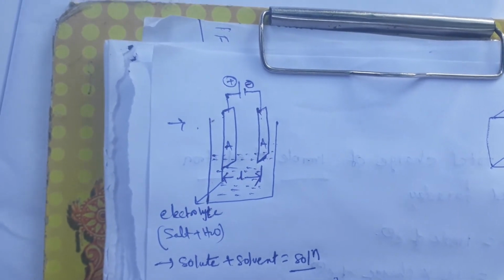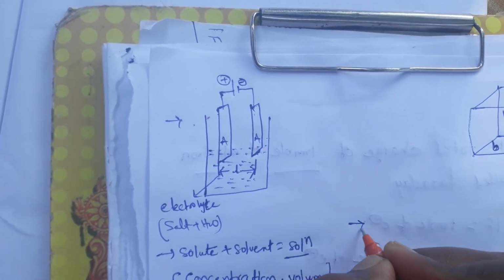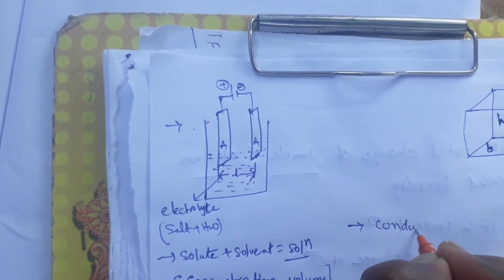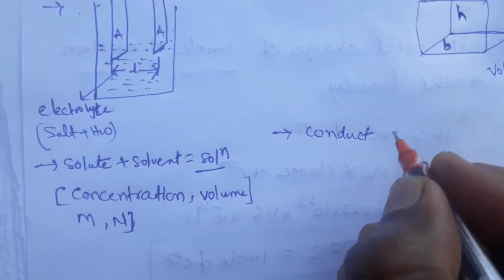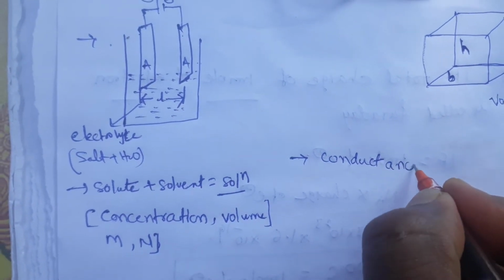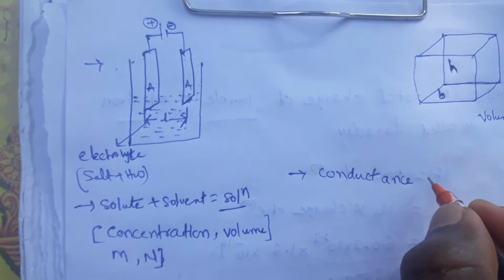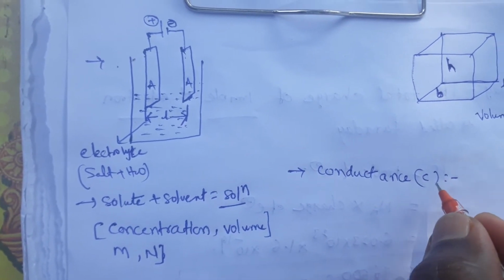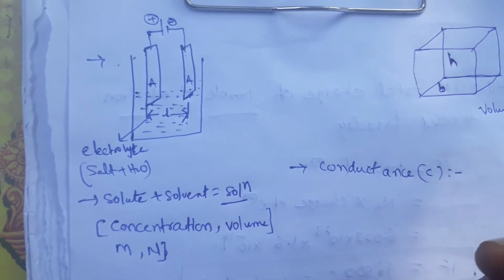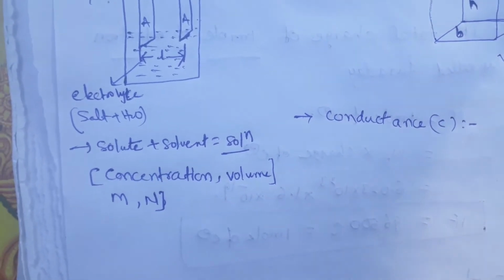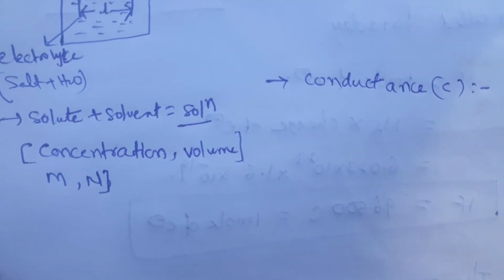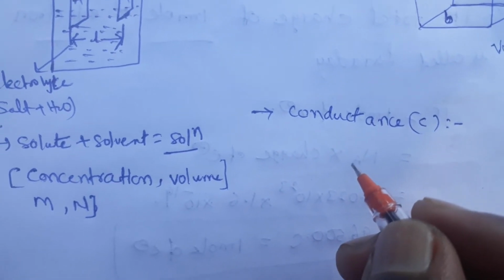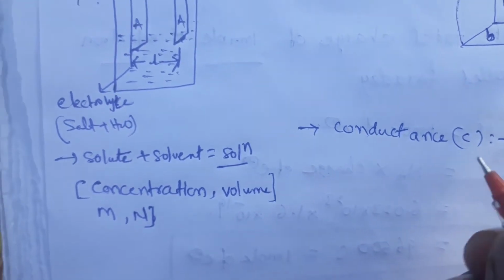So here, what is the conductance? What is the definition of conductance? If I write C, that means conductance. Concentration we also write as C, so don't confuse between this C and that C. Here it is conductance.